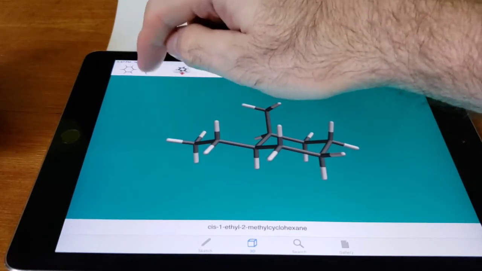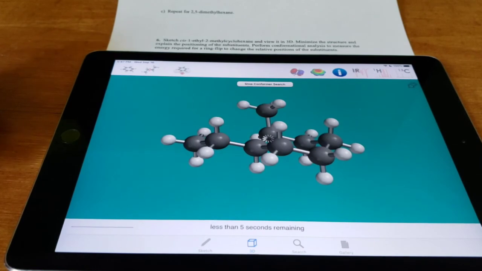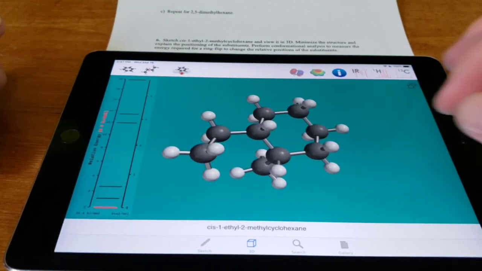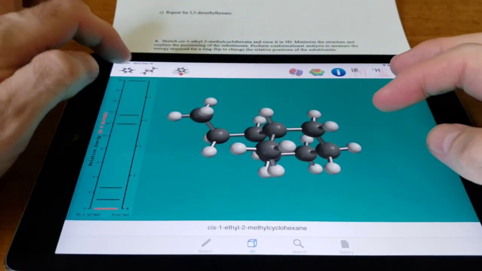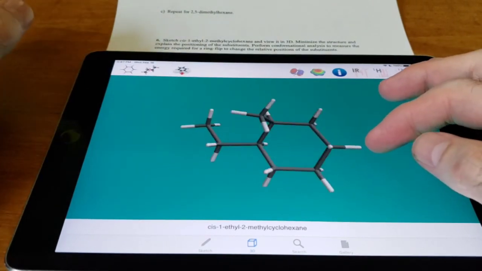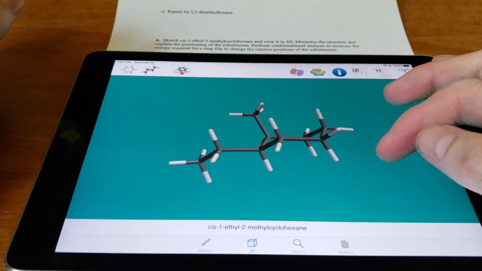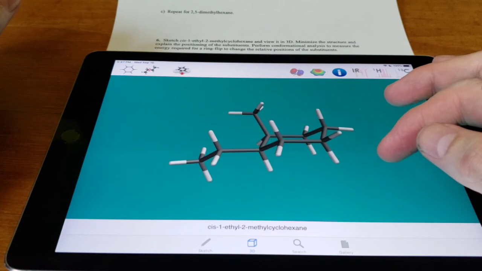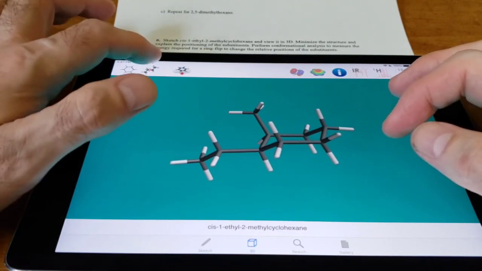Okay, let's look at some conformational analysis of this. My lowest energy molecule is this one, with the ethyl in the equatorial.